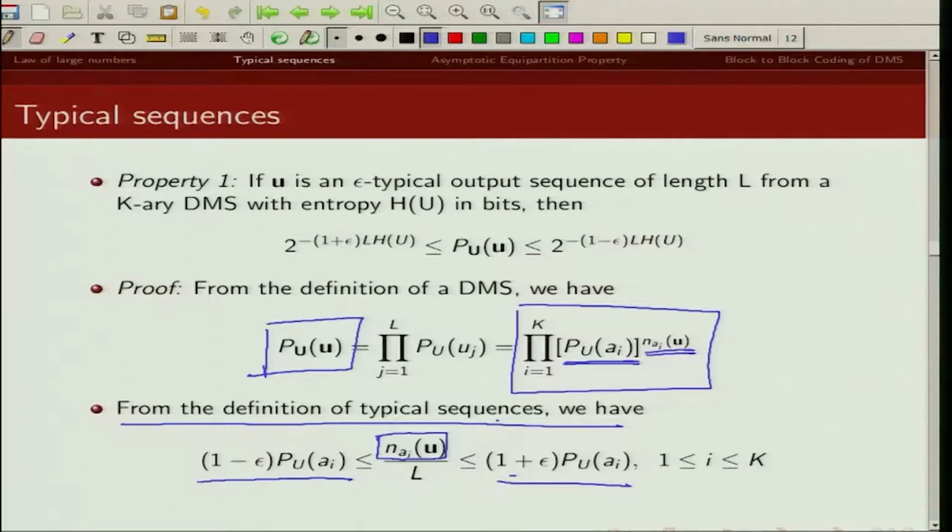For example, half raised to power 3 is more than half raised to power 10. So if I replace this by a larger number, this term will become less than or equal to probability of U. So that's what I'm going to do first. I'm going to replace this NAiU by L times this quantity. So I'm going to use this upper bound first.